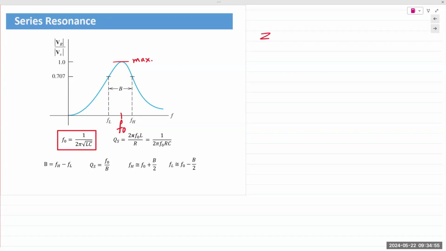I'll explain quickly how and why. At resonant frequency, ZL plus ZC is equal to 0. Hence, total ZEQ is simply equal to R.